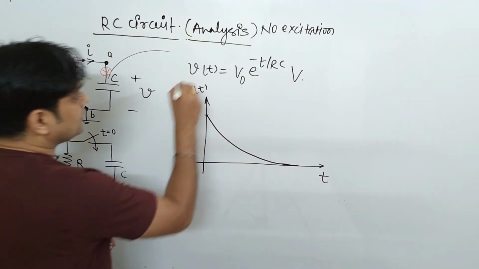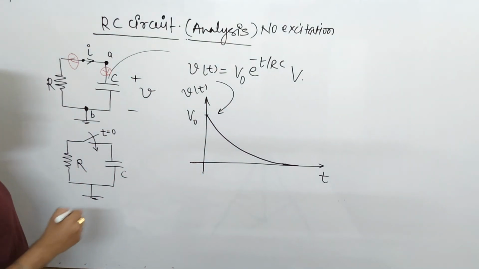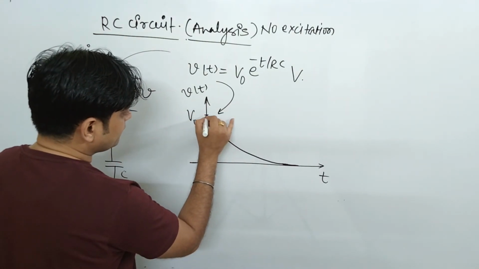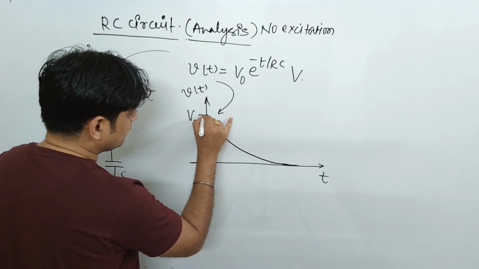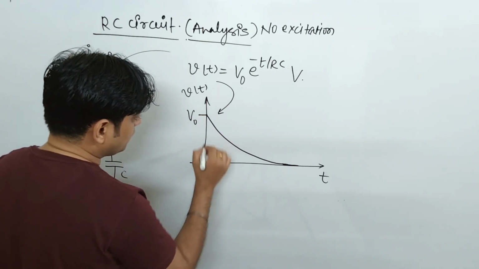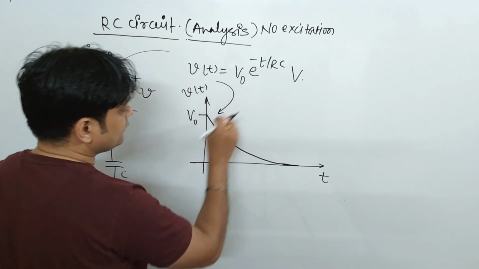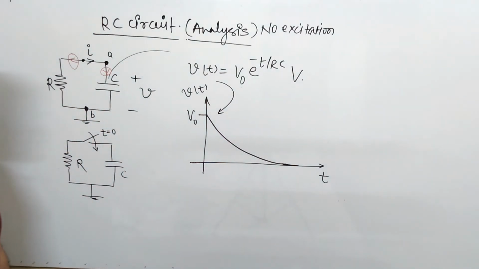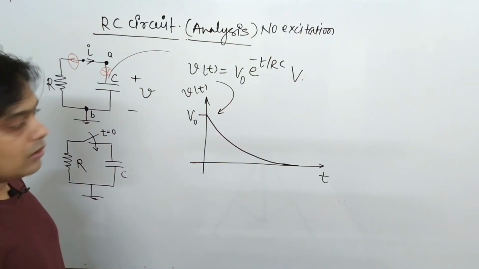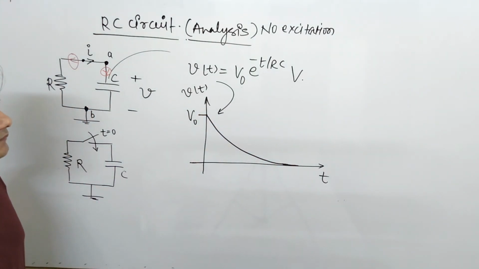This is your Vt, simply the voltage V0 at t equal to 0, and this is the curve, a decaying exponential.